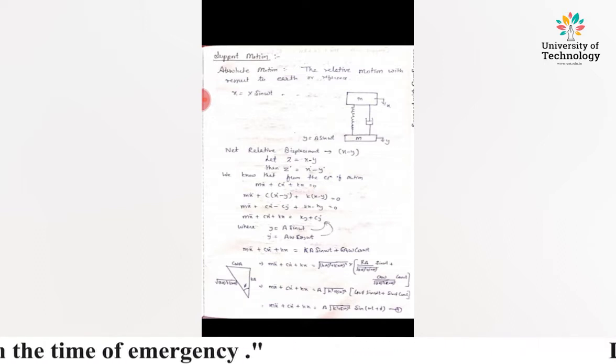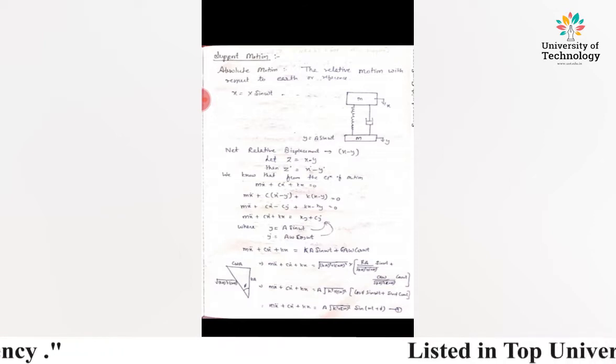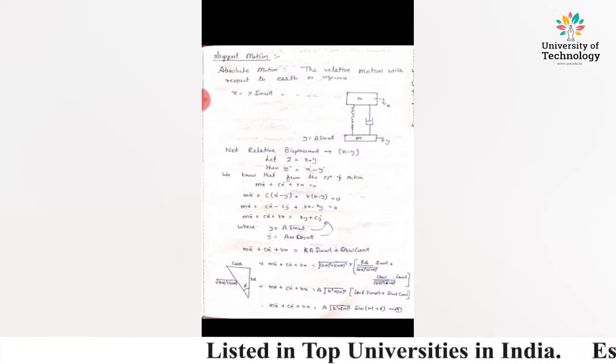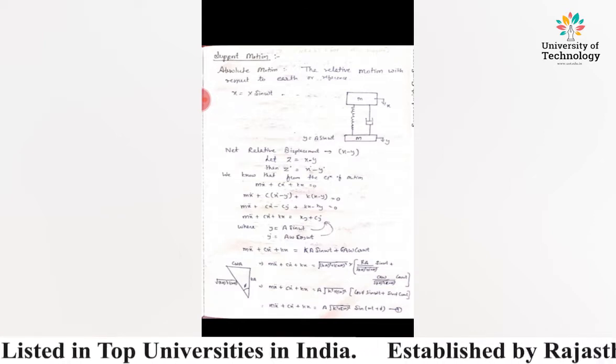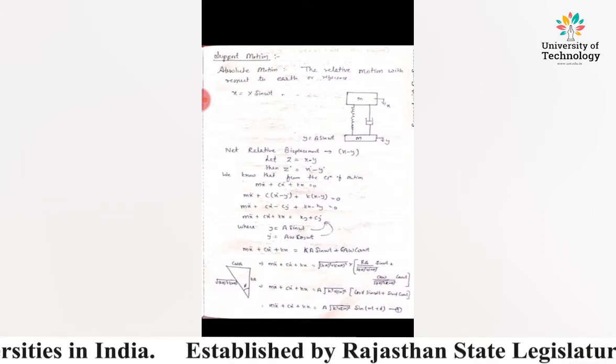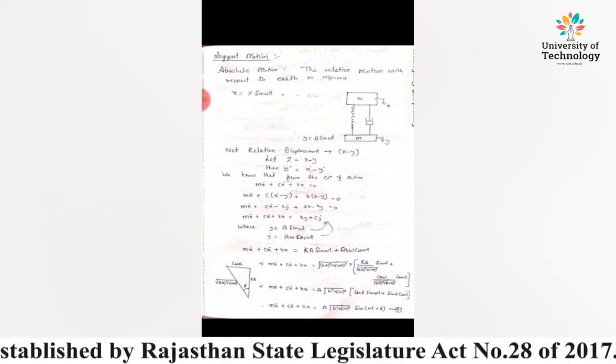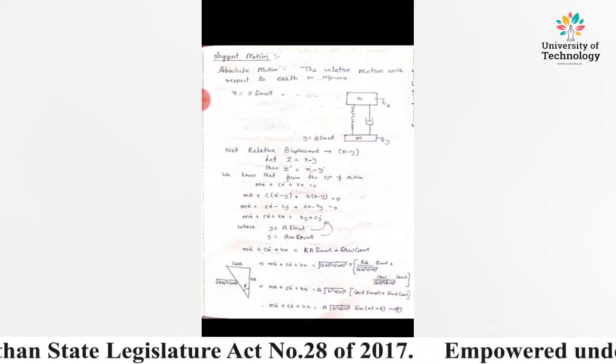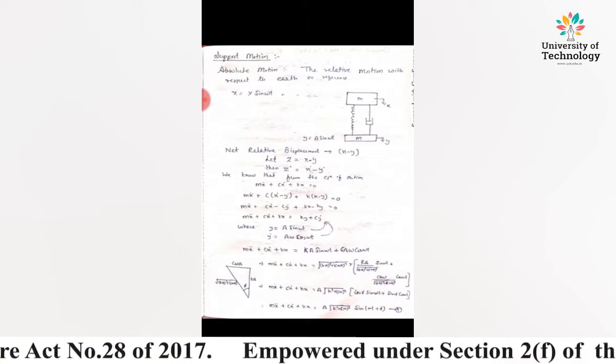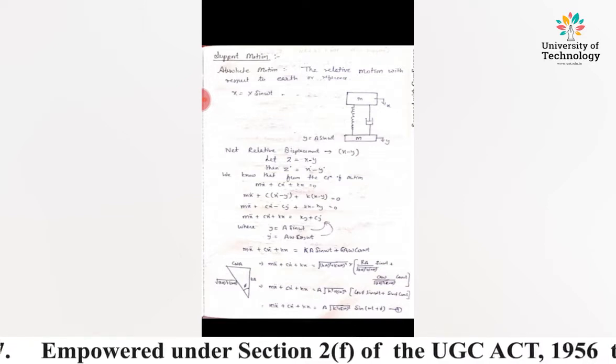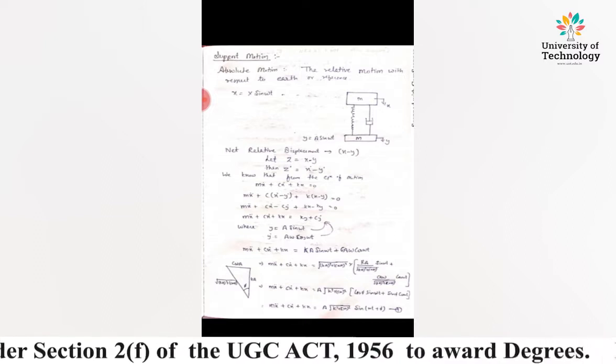We know from the equation of motion that m x double dot plus c x dot plus kx is equal to 0. Here it is equal to 0 because no force is applied.